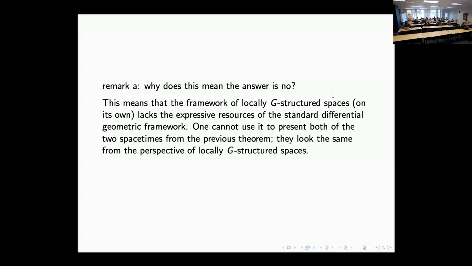Another way to say this: you give me this locally G-structured space, I can't tell you which of these two non-isometric Heraclitus spacetimes I was talking about. So that means this framework doesn't have the same expressive capabilities as the standard differential geometric framework had. It doesn't give us the ability to distinguish between non-isometric Heraclitus spacetimes. Okay, so that's why this means the answer is no.